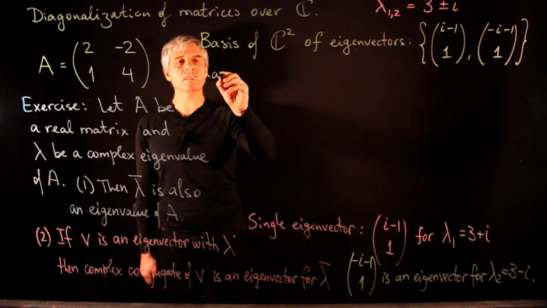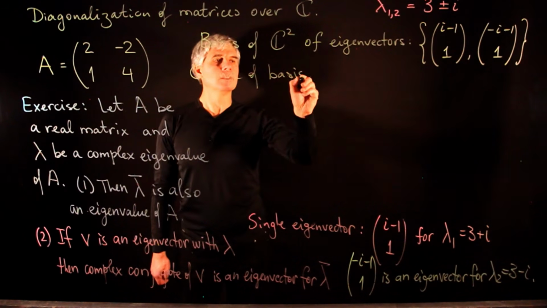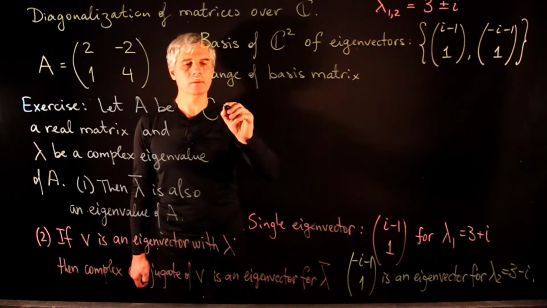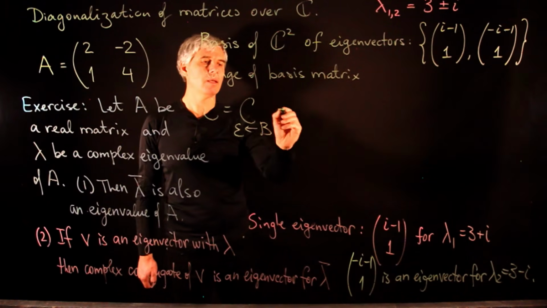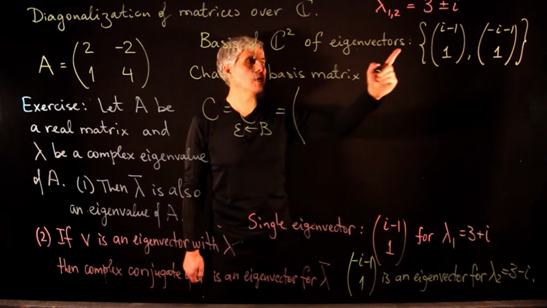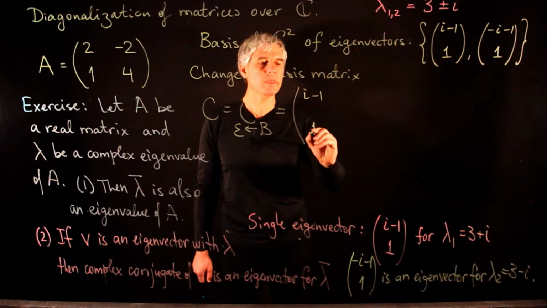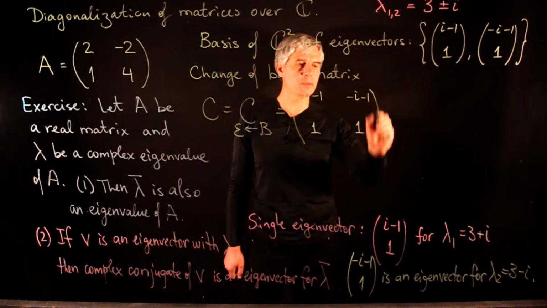This gives us the change of basis matrix C, which is C from B to E, and here we put our eigenvectors as columns. So (i − 1, 1) and (−i − 1, 1).